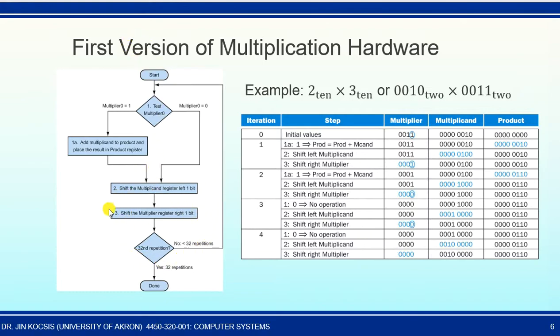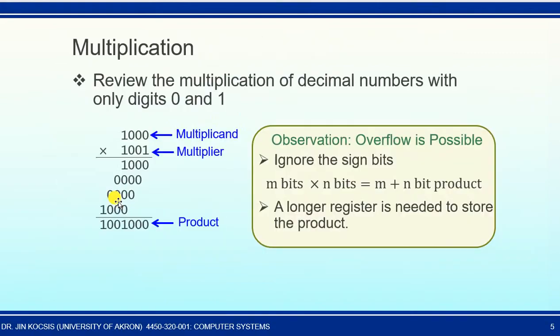So why do I need to shift the multiplier to the right by 1 bit? You remember that mathematically, what we do is we begin from this digit of the multiplier, then move to this digit, and then this digit, and this digit. This is easy if we're using our eyes and our brain. But in hardware design, it's relatively complicated because you need to make sure the pointer points to the appropriate location.